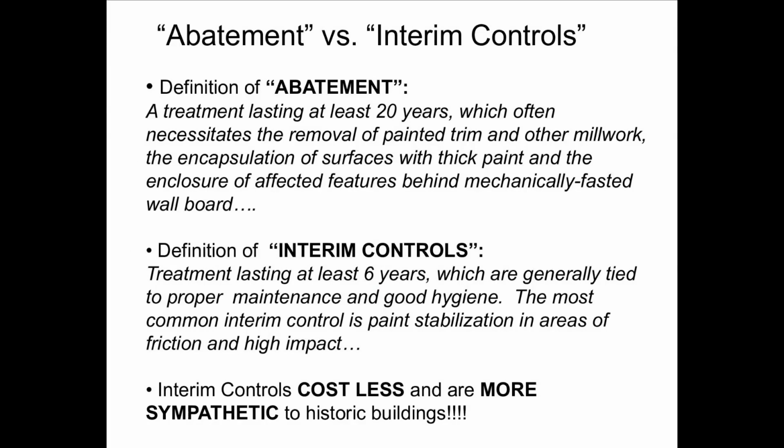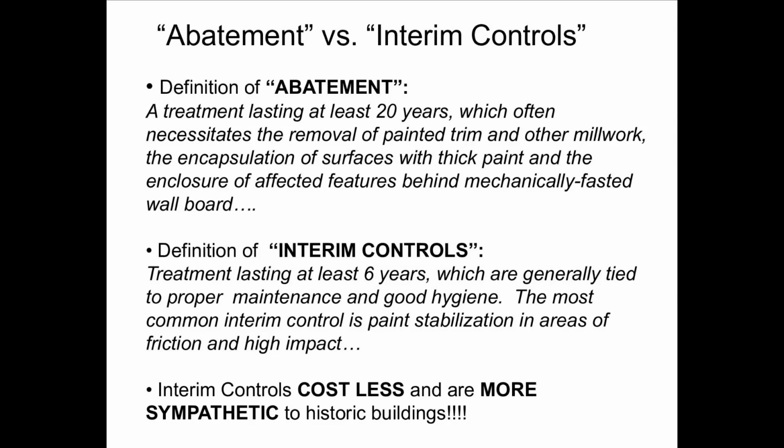So, abatement versus interim controls. The definition of abatement is a treatment lasting at least 20 years, which often necessitates the removal of painted trim and other millwork, the encapsulation of surfaces with thick paint, and the enclosure of affected features behind mechanically fastened wallboard.